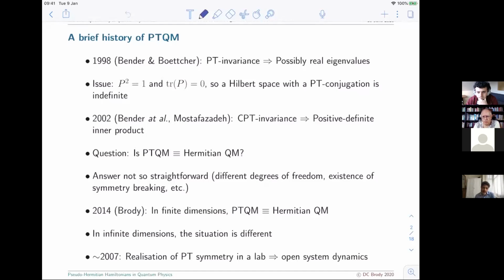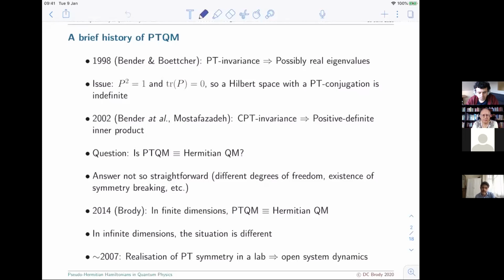So this was viewed as a problem until 2002, when two papers were published, one by Bender and his collaborators, Jones and I, and the other one by Ali Mostafazadeh, both of which showed in essence that if you have a PT-symmetric Hamiltonian, then there exists another operator, let's call it C, that commutes with the Hamiltonian, with the property that the eigenvalues of the C operator are plus 1 if the parity type of the eigenstate is positive, and minus 1 if the parity type is negative.